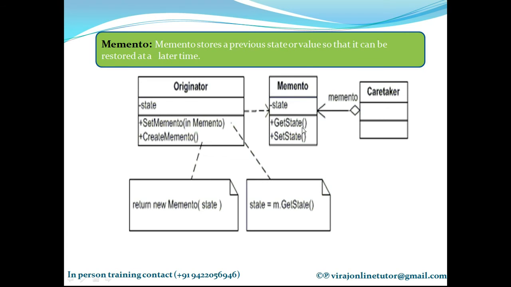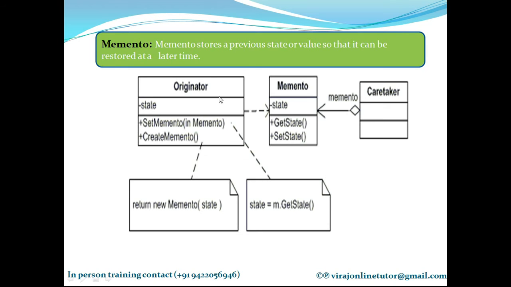The memento is a simple class which contains a state and has an API get state and set state. Get state will return the state, set state will set the state. There is one guy called caretaker who will request a memento object from the originator.